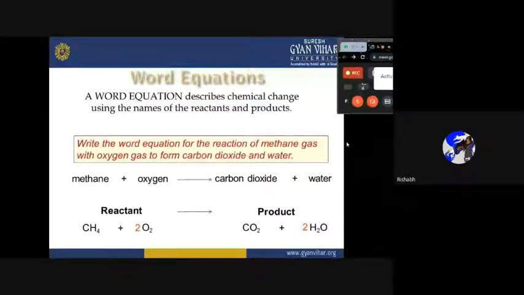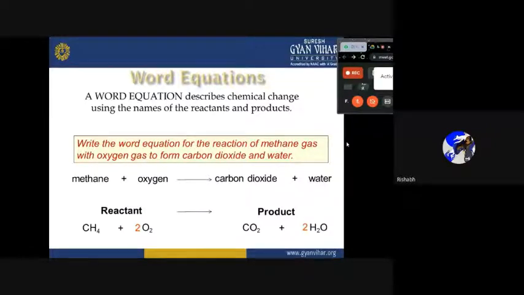Here in this example, the reactants are methane and oxygen, and reactants are on the left hand side of the arrow, and on the right hand side of the arrow you can see the products. Methane and oxygen are reacting with each other and producing the products carbon dioxide and water.